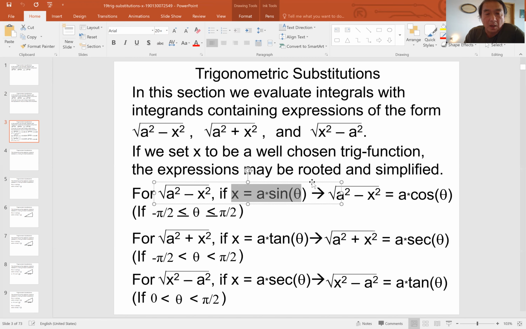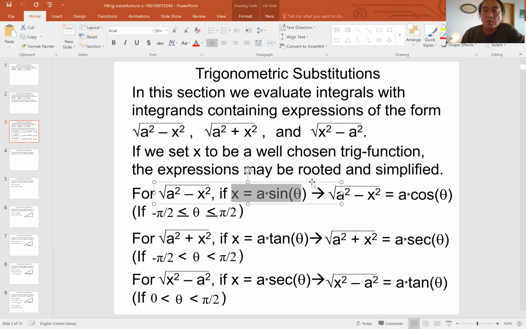Let's not worry about the domain and the range, etc. And for these three patterns, we have these three different algebraic substitutions that convert this expression into trigonometric functions. So that's the first part.